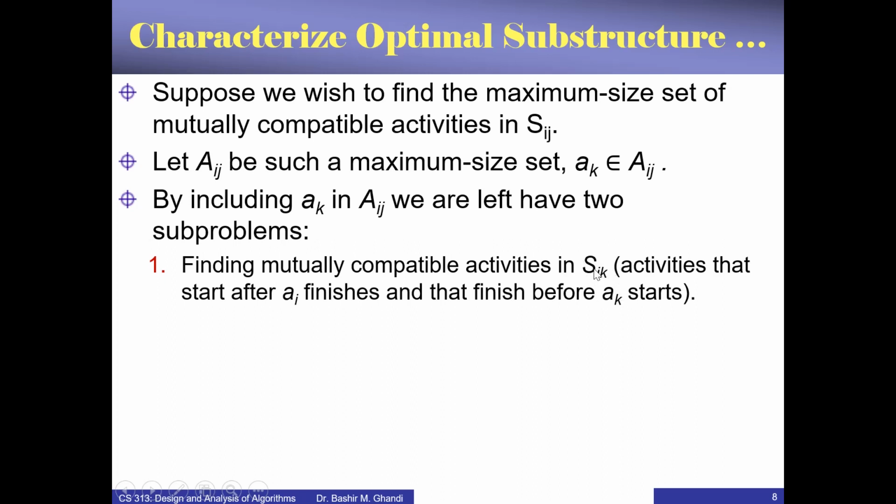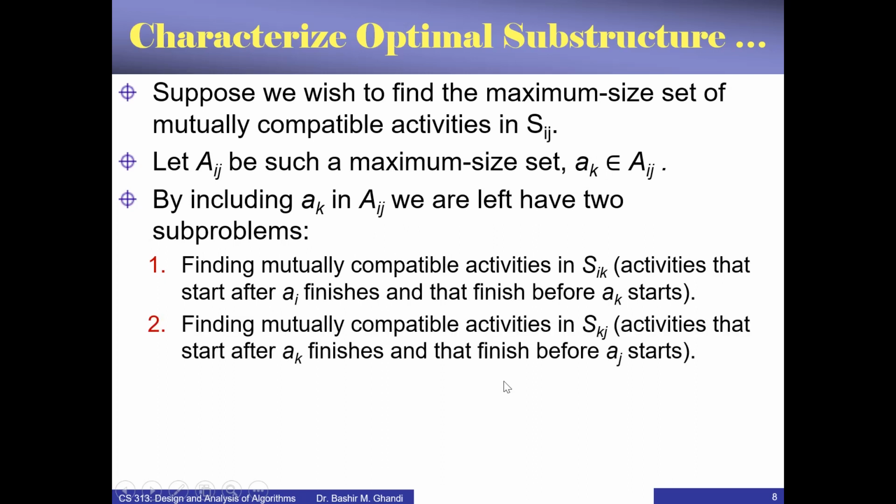And remember, by our definition of our notation here, the set Sik means activities that start after Ai finishes and finish before Ak starts. So that will be on the left of Ak. We also need to find mutually compatible activities Skj to the right of Ak, activities that start after Ak finishes and that finish before Aj.